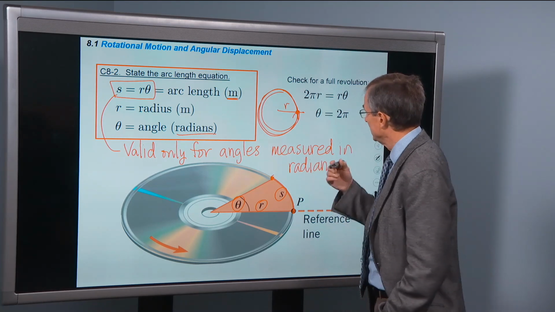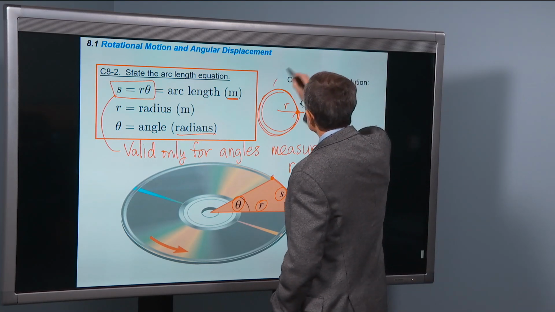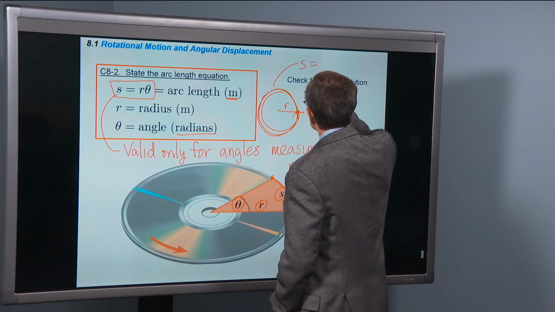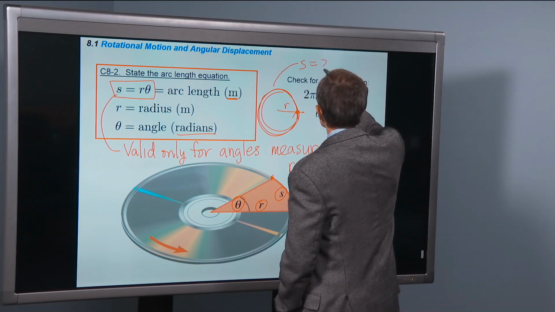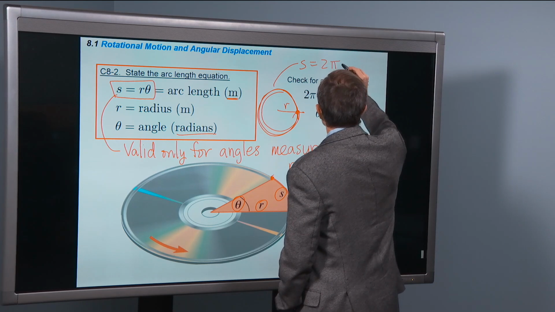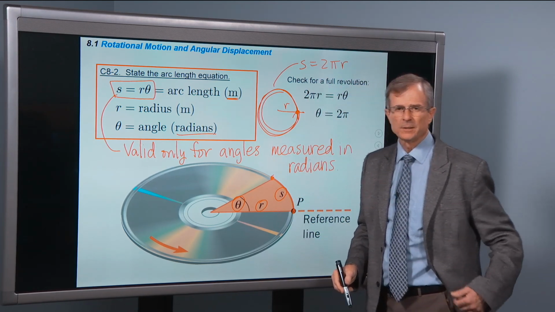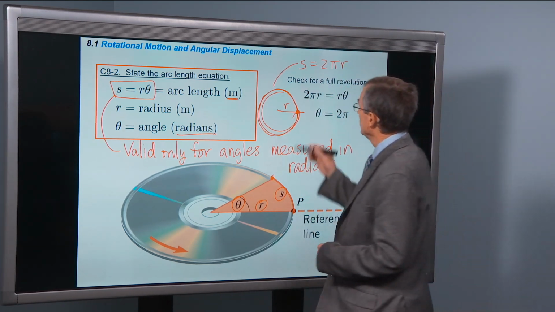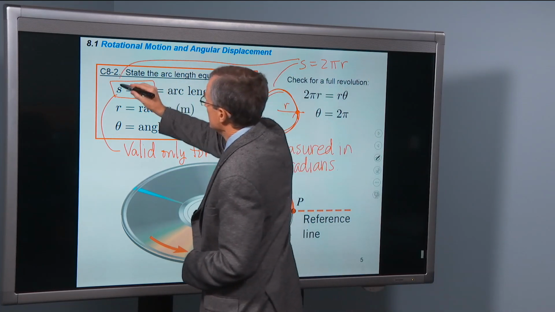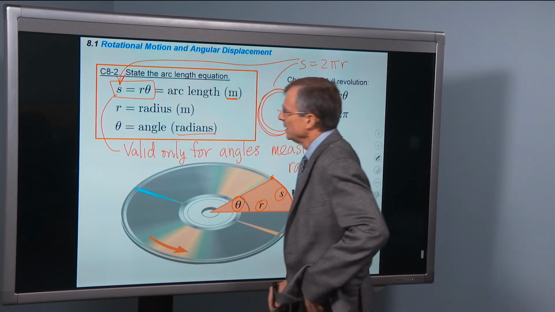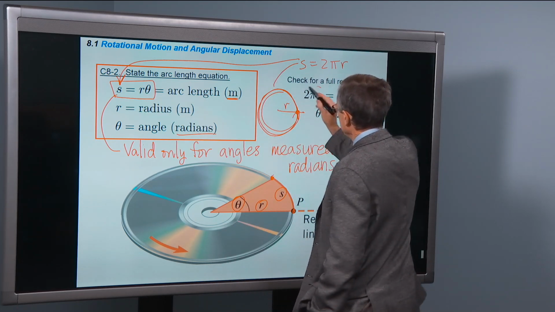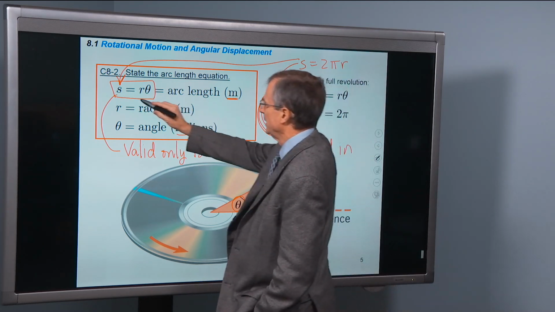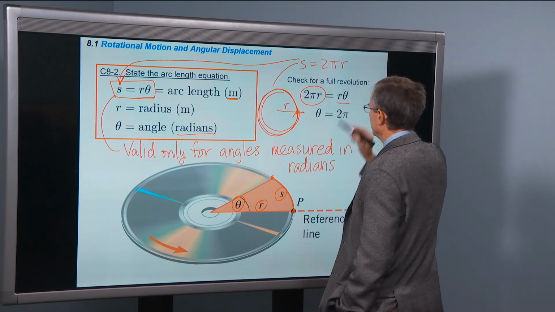Yes. So in this case, the arc length is the circumference, which is 2 pi times the radius. So we plug 2 pi r in for s, and that gives me this equation. Then r and theta just come along for the ride.